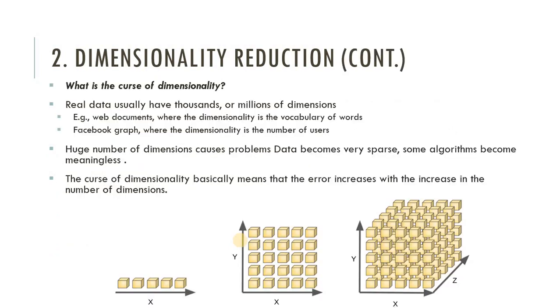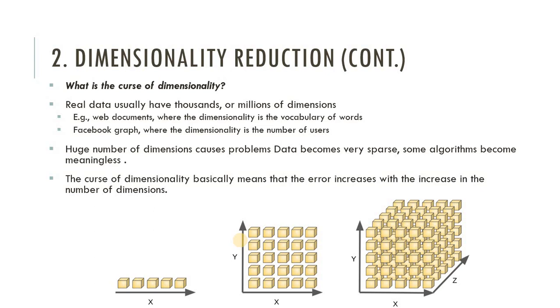The curse of dimensionality means that real data usually have thousands or millions of dimensions. For example, web content has dimensions like a vocabulary of words. The second example is the Facebook graph. If the data is of Facebook, then the dimensions are the number of users.